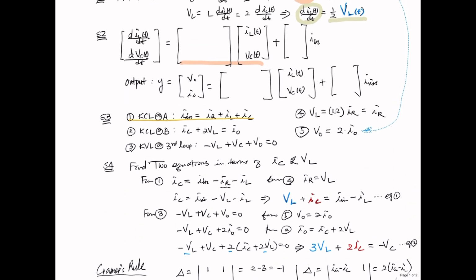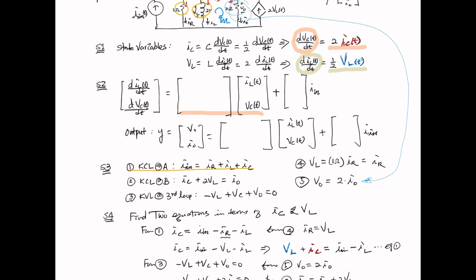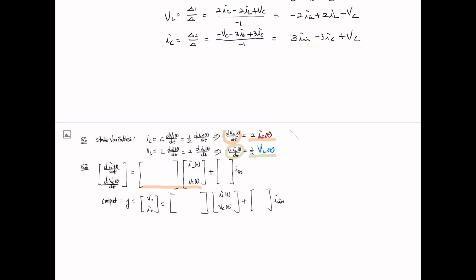What we need to do is multiply IC times 2 and then VL times 1 over 2. This is what we had from the previous page. So we want 2IC, and that is 6I in minus 6IC plus 2VC, and then we need 1 over 2 VL, that is negative I in plus IL minus 1 over 2 VC.